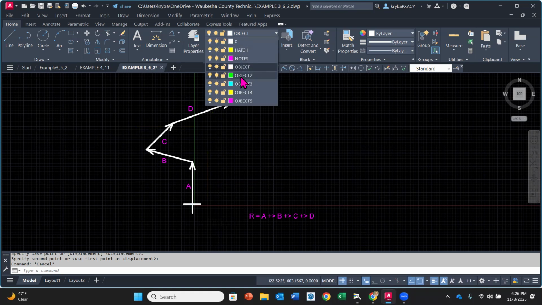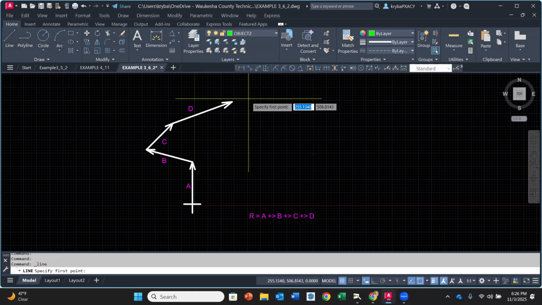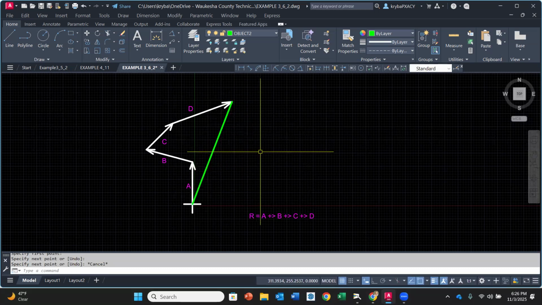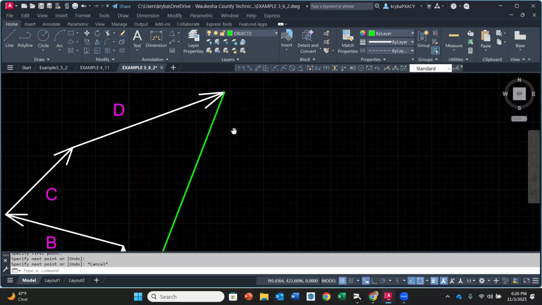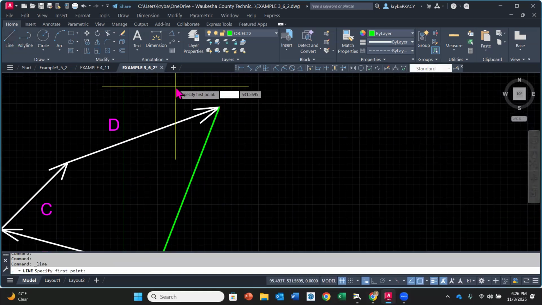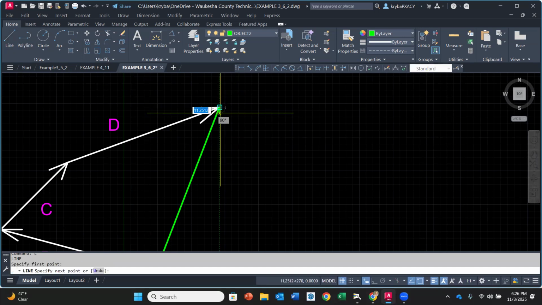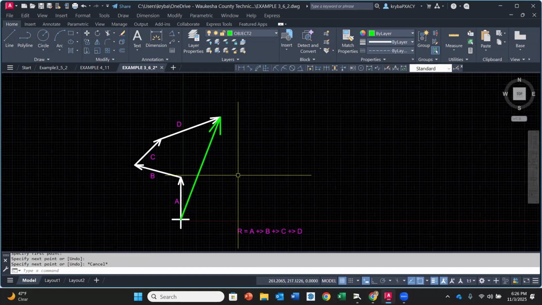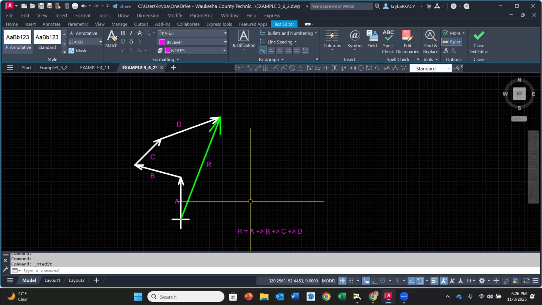I'm going to change my layer to object 2 and draw a line from the origin to the tip of the last vector on the right-hand side, which is the tip of D. At the tip here is where the arrowhead for my resultant goes. I'm going to make it longer because it's the resultant, the answer to our problem. I'm going to copy one of the letters over, grab A, and label this R for resultant.